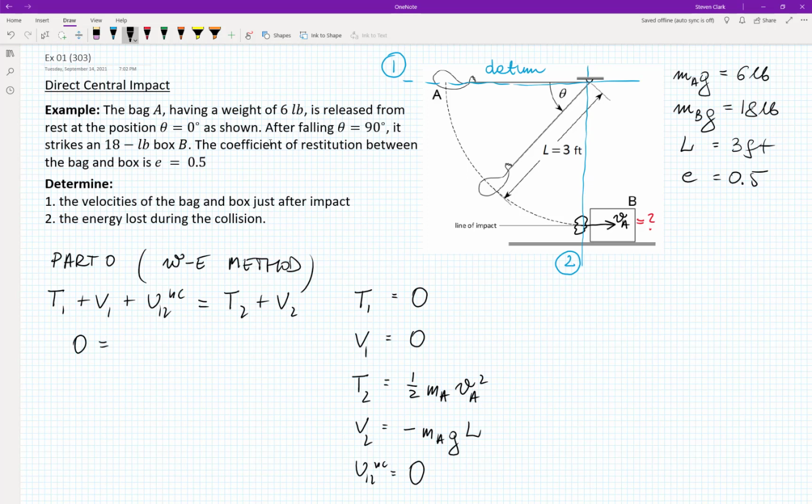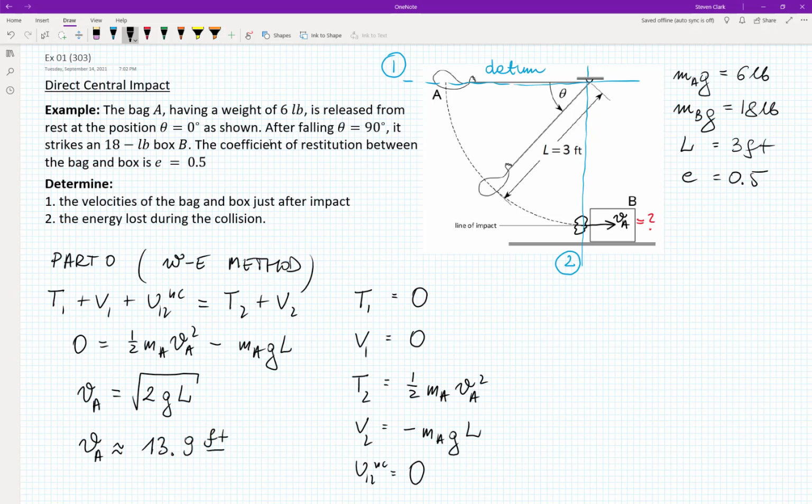So we will have 0 that is equal to 1/2 mA VA squared minus mA g L. And you can see that our VA is basically square root of 2gL. And if you plug in values and grab your calculators, you will obtain that our VA is approximately 13.9 feet per second. And this will be our VA pre-impact, of course. Okay, I'm done with part 0. Any questions?